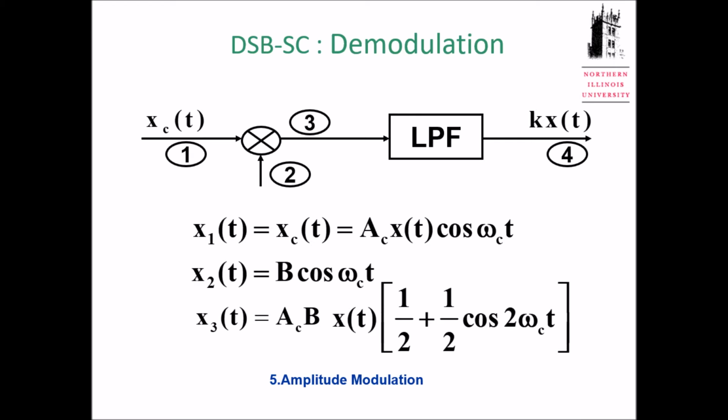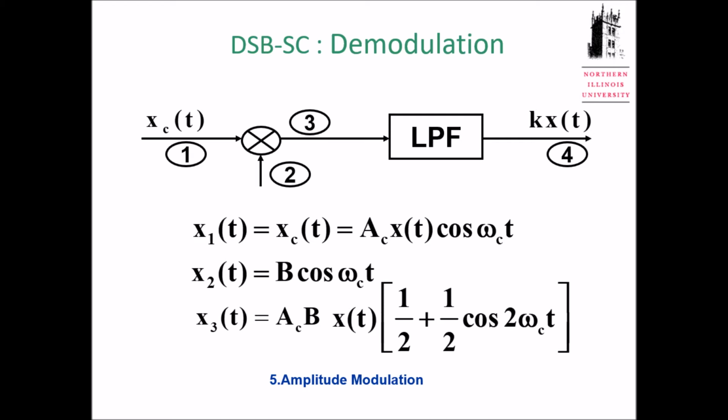So now we have two parts, right? One is a DC component, so this part is only message. The other part is the message modulated onto another carrier. This carrier frequency is 2 omega c t. So we have a DC component and an even higher frequency component. Okay. So any problem? How can I get this one?